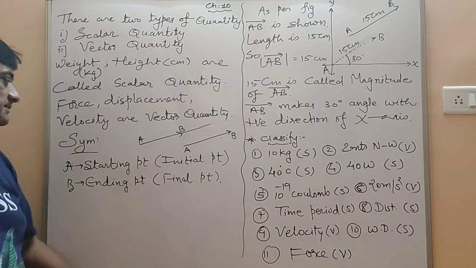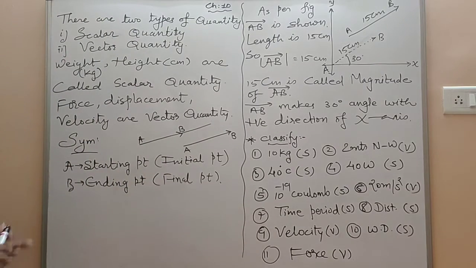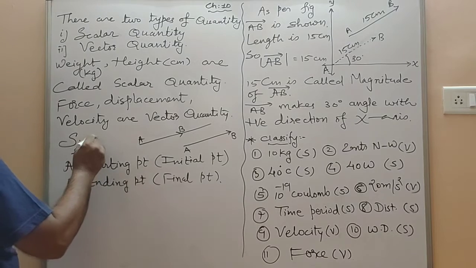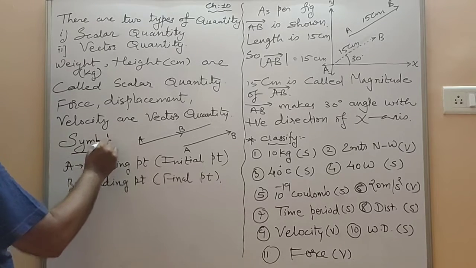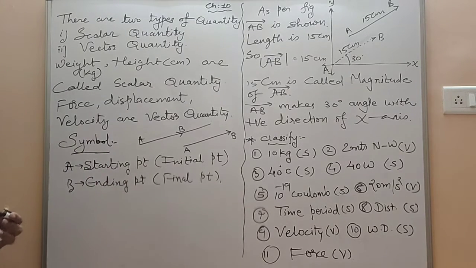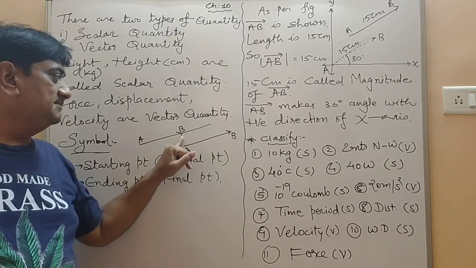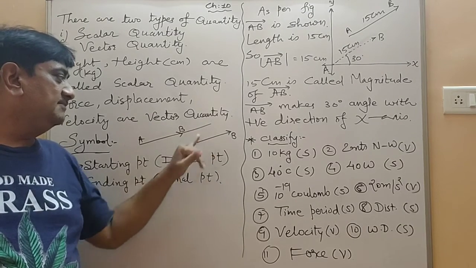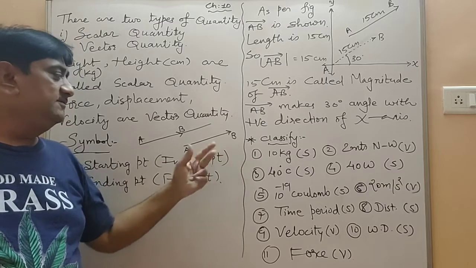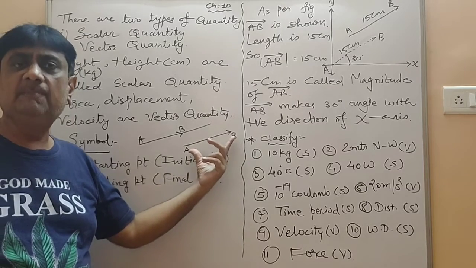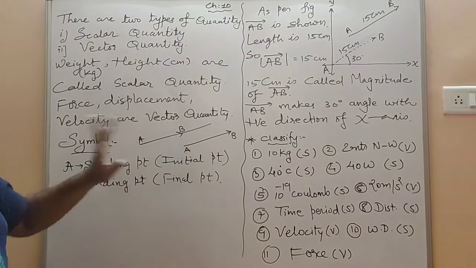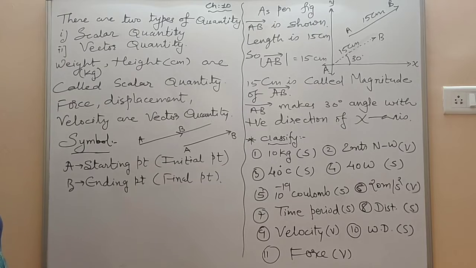Now its symbol. There are two types of symbol for vector AB: A to B with an arrow over it, or AB with a bar, where B is between the first point and the ending point. We are using this type of vector symbol.